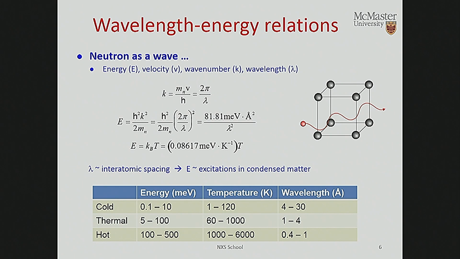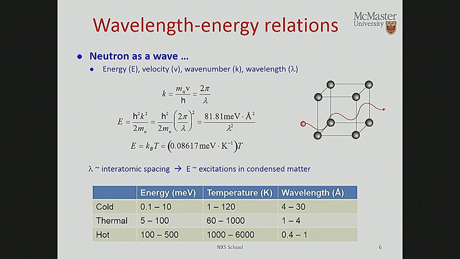So for any material that you're interested in, the near neighbor distance between atoms is about 3 angstroms. Okay, it doesn't matter what material you're looking at. And so the de Broglie wavelength for thermal neutrons is about 3 angstroms. And this is why neutrons are so good at resolving conventional crystallographic structures, and we use them all the time for that. And then hot neutrons, anything over about 100 MeV, have relatively short wavelengths.